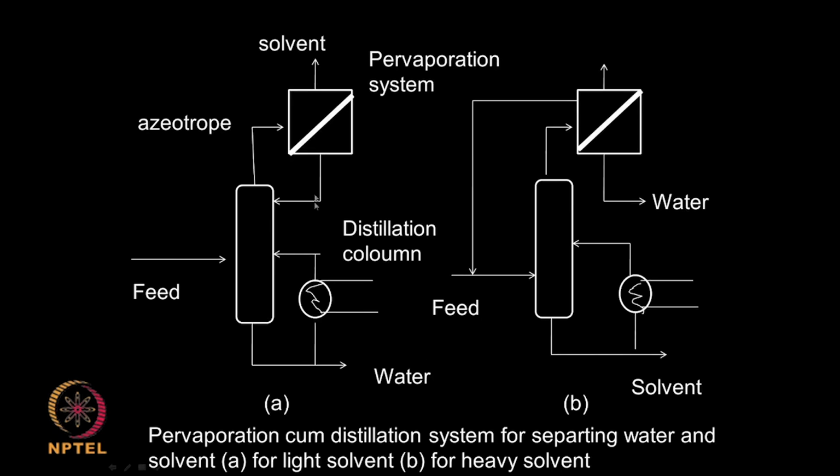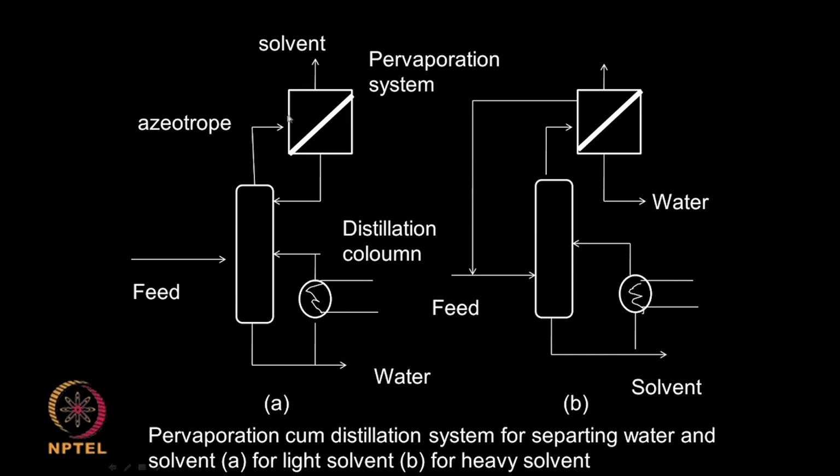So, typically we can connect pervaporation and distillation like this, okay, so that we do not need to have azeotrope breaking at all. Suppose there are azeotropic mixtures which you want to break, we can just add a pervaporation system to that. So, if you have a lighter solvent, what we do is we do the feed and then here you are collecting the heavy like water.